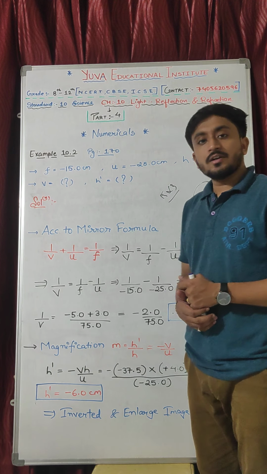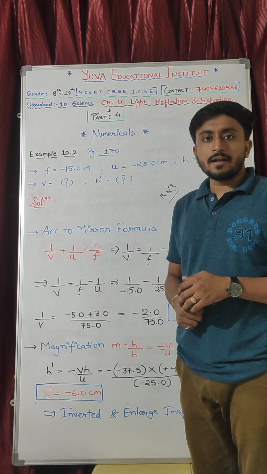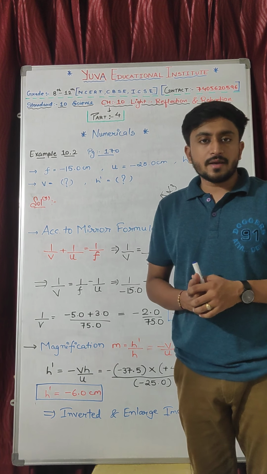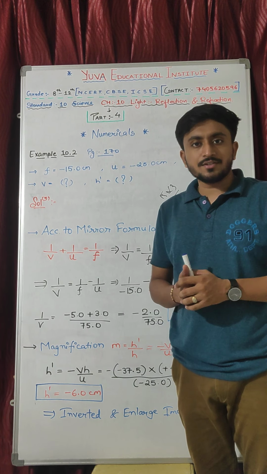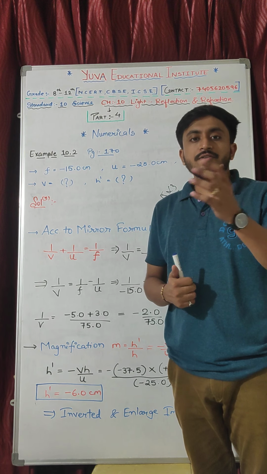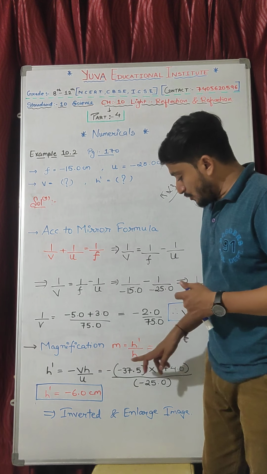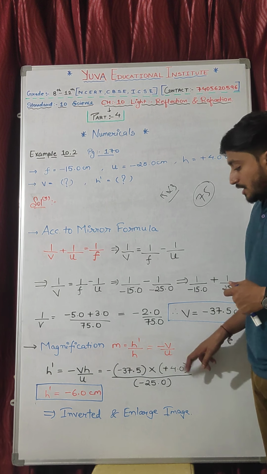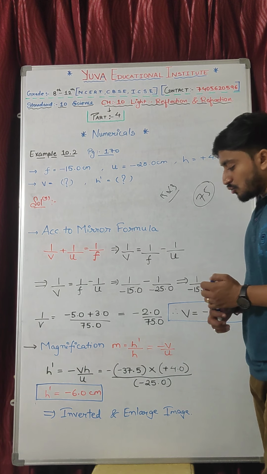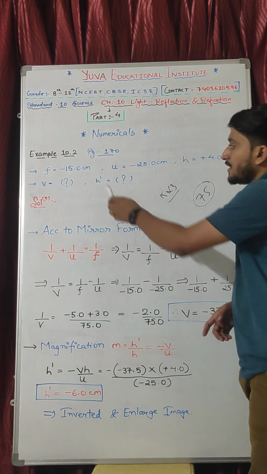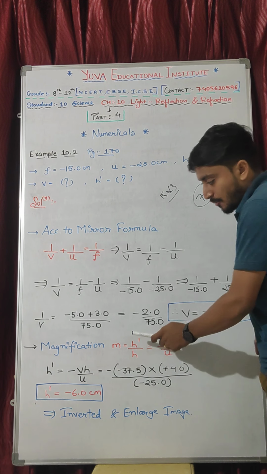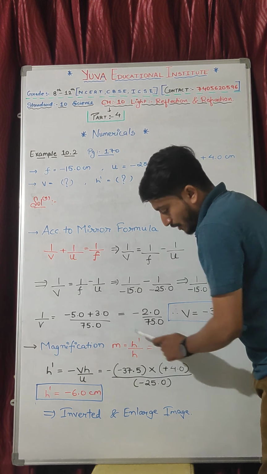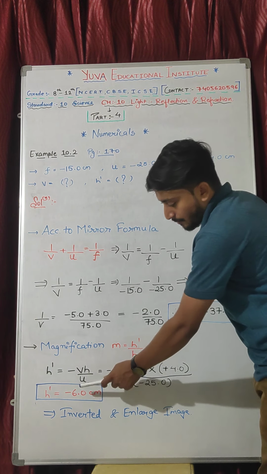Now let's go to another topic, you have to find magnification, right? Magnification m is nothing but h dash upon h, height of image divided by height of object, is equal to minus v upon u. Now from these 4 quantities only one quantity is missing, that is h dash. Now make it the subject. If you make it the subject, then h dash is equal to minus v into h upon u.